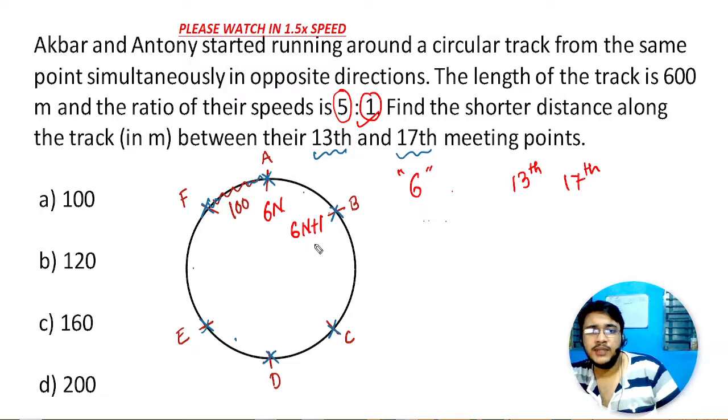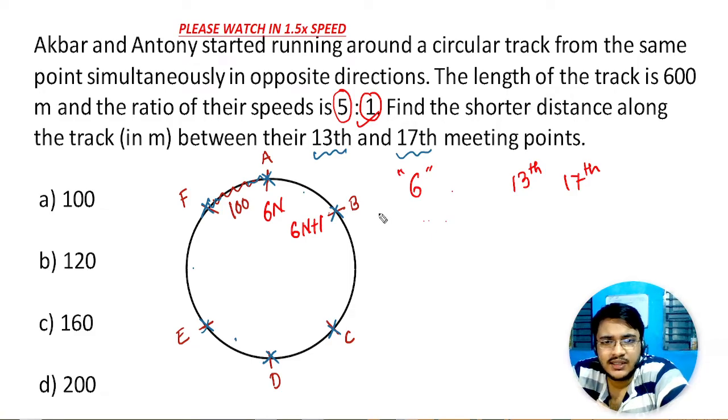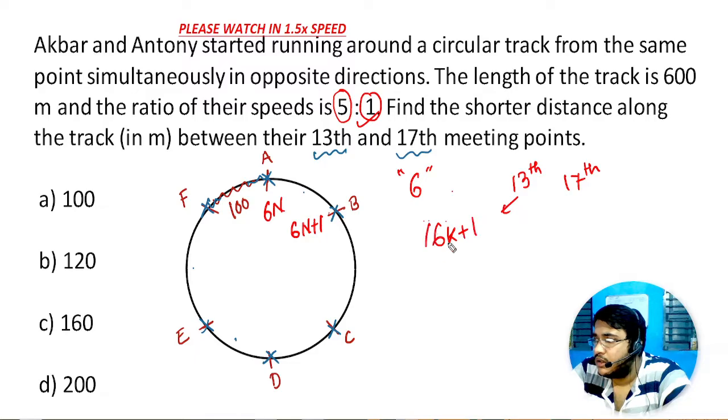Now how do I denote the 13th meeting point? We'll have to break it down as 6n plus 1, assuming this is the kth meeting point. I am introducing too many variables, but that is the nature of this question. So 13 can be broken down as 6k plus 1, with k as 2. And 17 can be broken down as 6k plus 5, with k as 2.